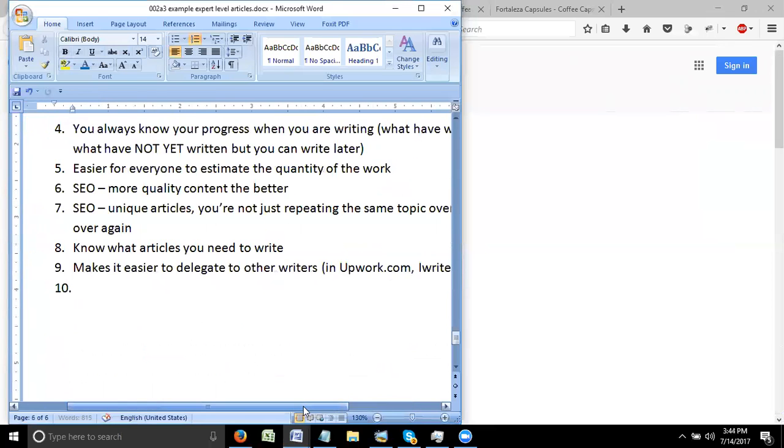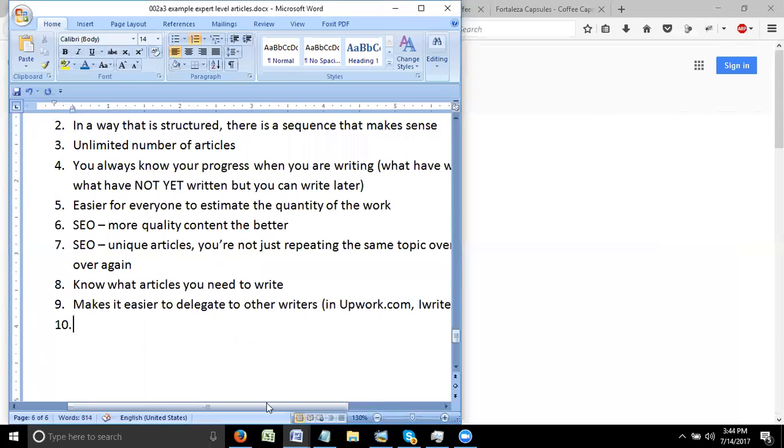Of course, if you're a writer, then, well, you come up with the outline and you also produce the article. But if you're a business owner and you're lacking the time to write the articles yourself, you can just assign someone on your team to come up with this outline and then delegate the outline.